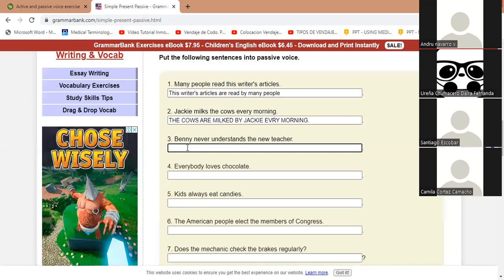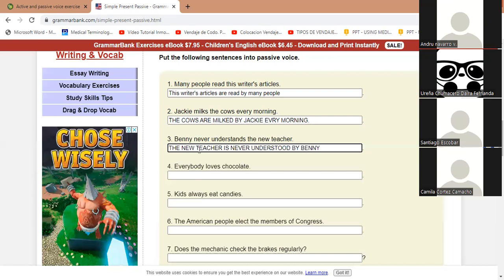Tienes que usar understand. El never. ¿Cuál es el pasado participio de understand? The new teacher is never understood. Exactly, right? Very good. The new teacher is never understood by Benny.